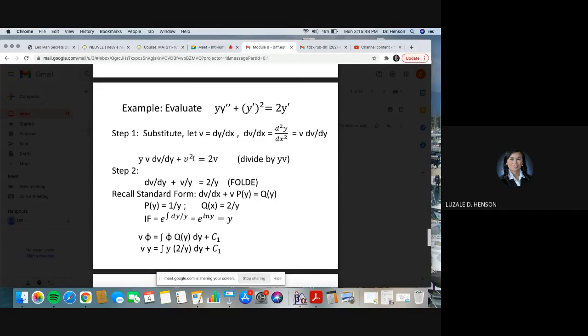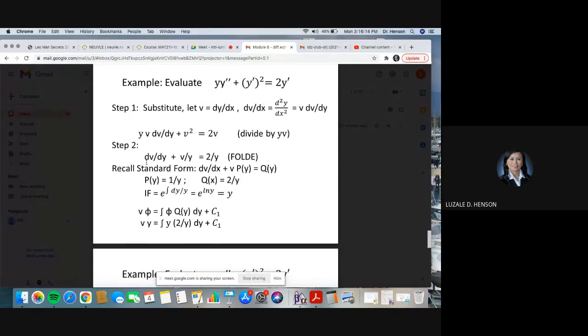Kung v squared yan, it should have been 2v here. So this is not an integrable combination. Because if this is your first expression, tapos nag-derive ka ng y, which is 1, then this should have been 2v. But since walang 2v, hindi siya integrable combination. Okay?